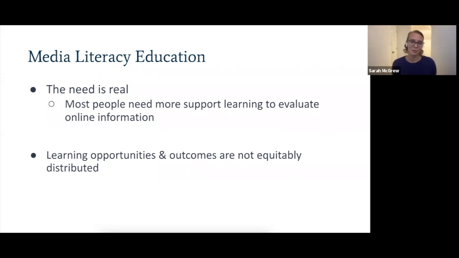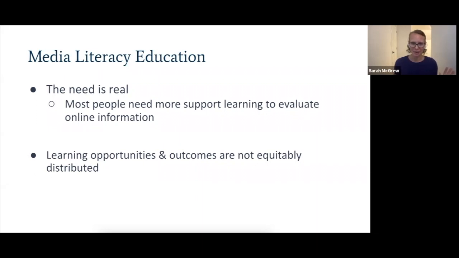But it's also not just young people. So we also have research, for example, that shows that older Americans, 60 and up, were the most likely to share fake news on Facebook. So this is a problem that really spans generations. There's a lot of myths out there about digital natives and digital immigrants, right? Folks that grew up or didn't grow up with technology.